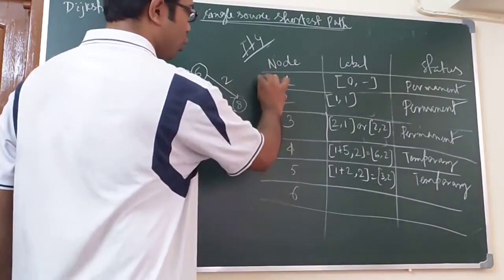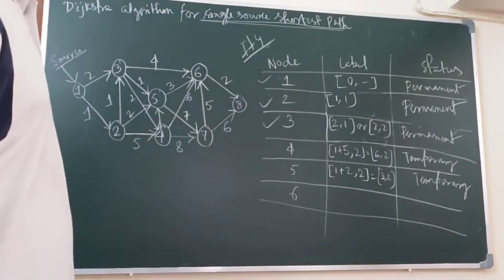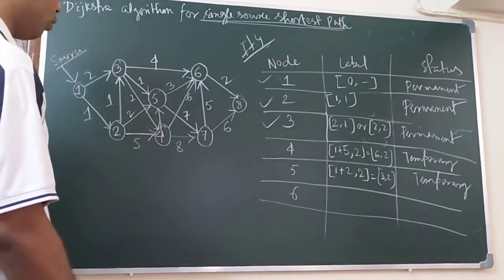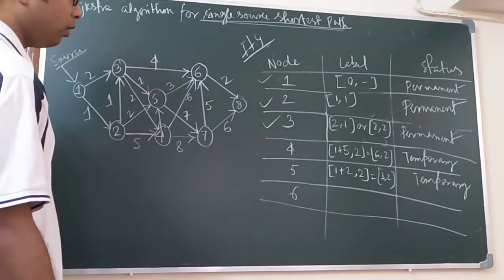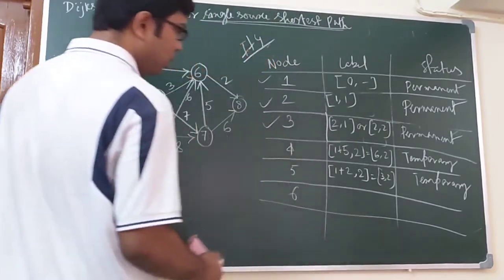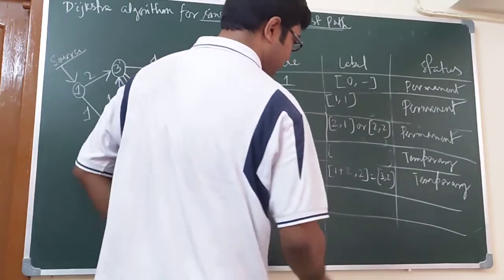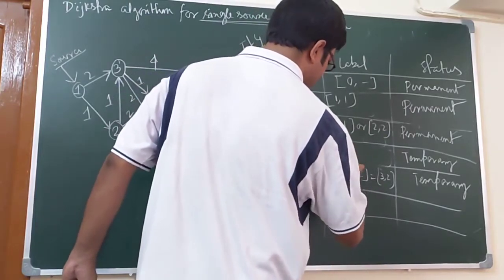Okay. So node 1 complete, node 2 complete, node 3 complete with the level. Now in node 4, the level value is 6 2.